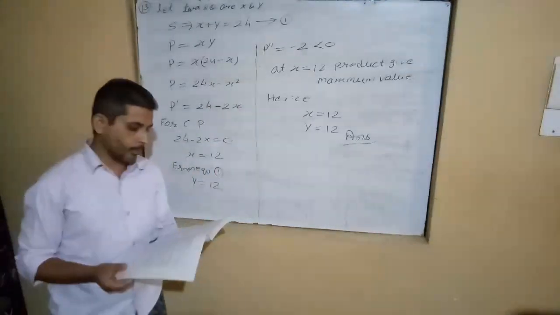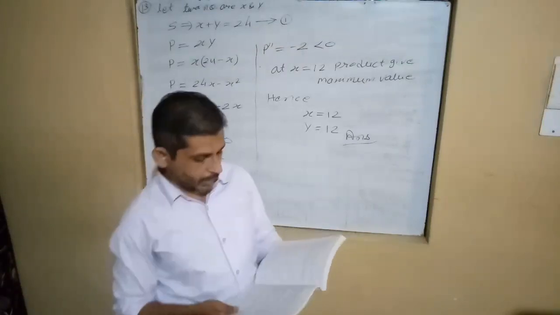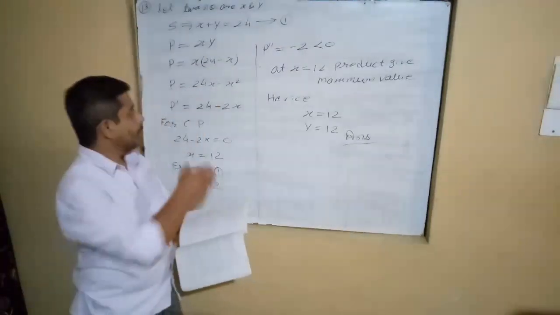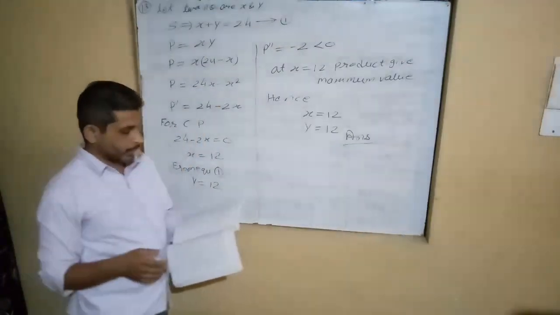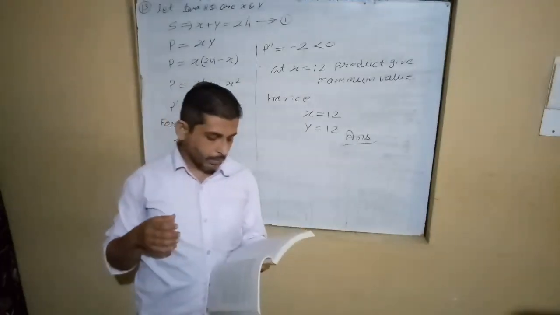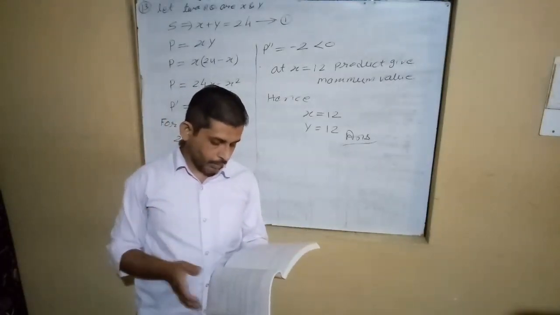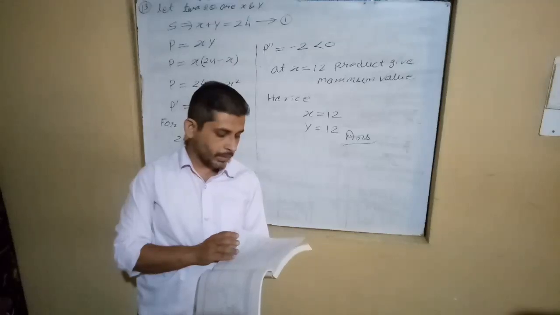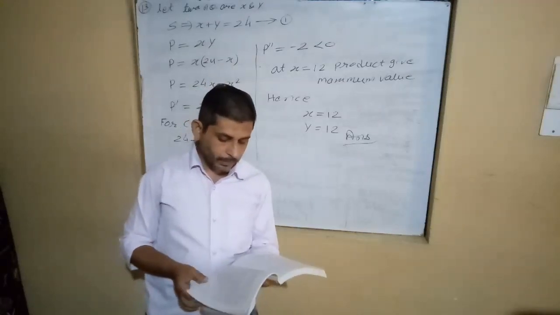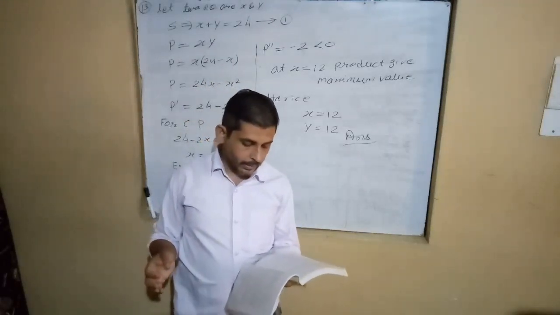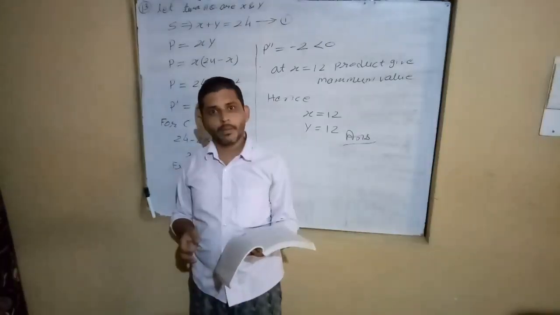Now look at the book, the question number 14, 15 and 16, something same as the question number 13, so just do it in your home. Now question number 17 to 26. These are very large questions and they contain 6 marks.